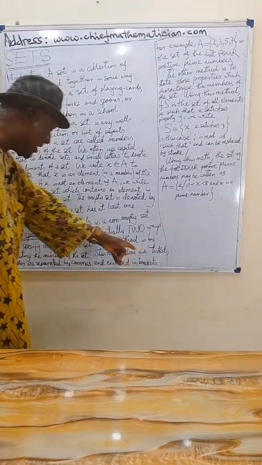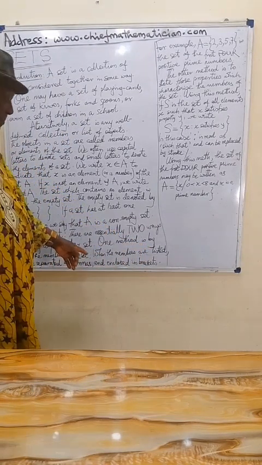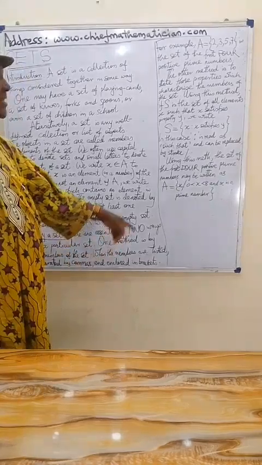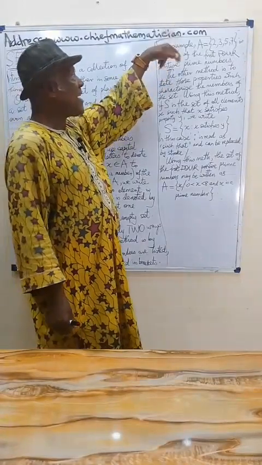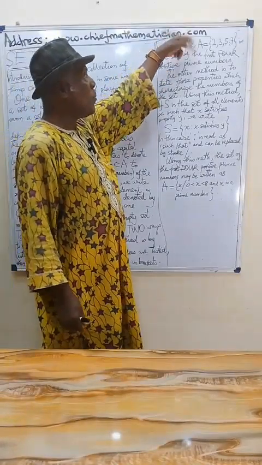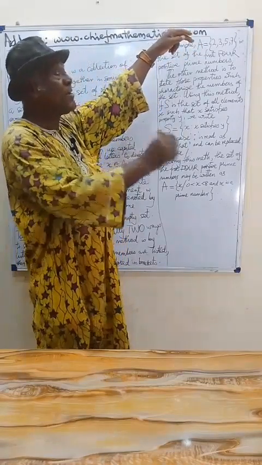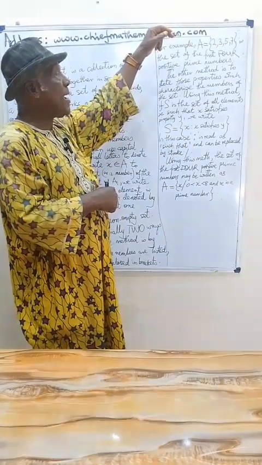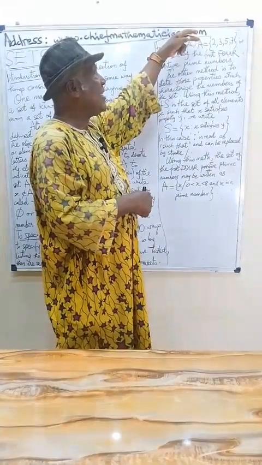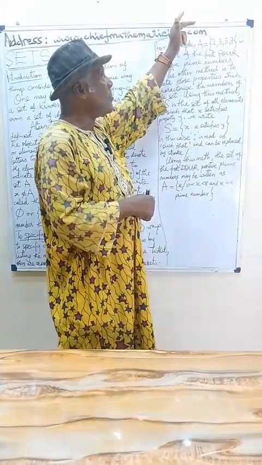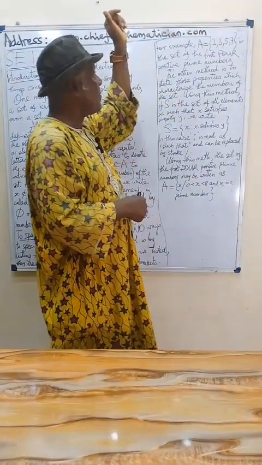When the members are listed, they are separated by commas and enclosed in brackets. For example, the set A is equal to, you open the brackets and begin to list the elements, separating them by commas. The elements of this set A are 2, 3, 5, 7.